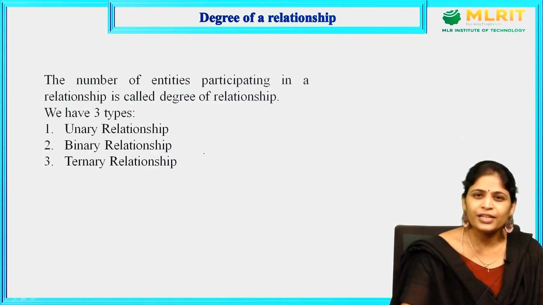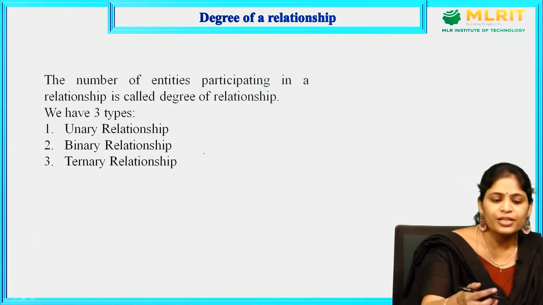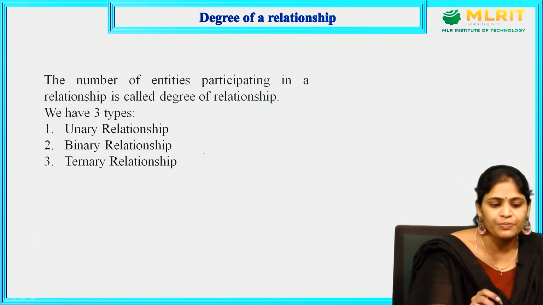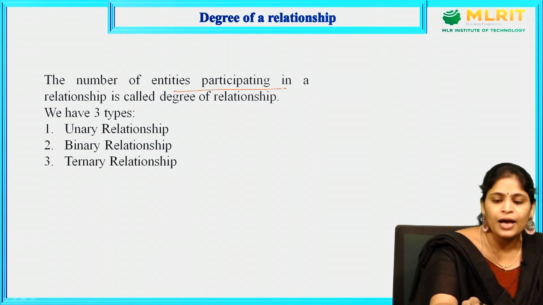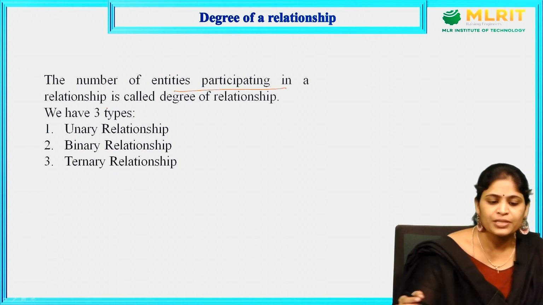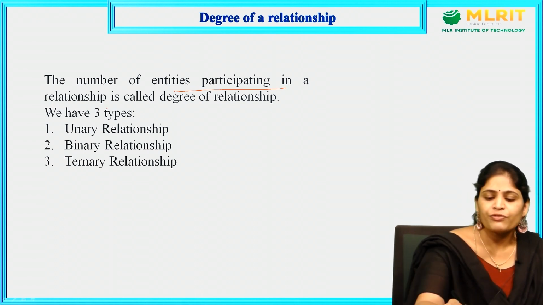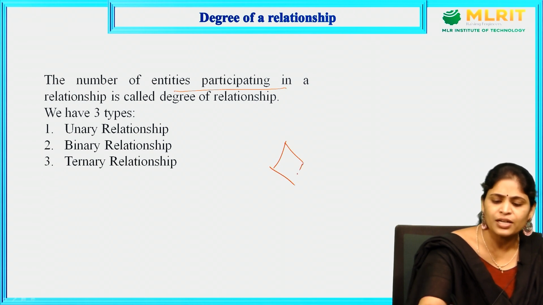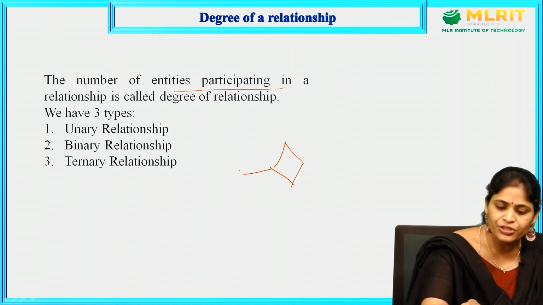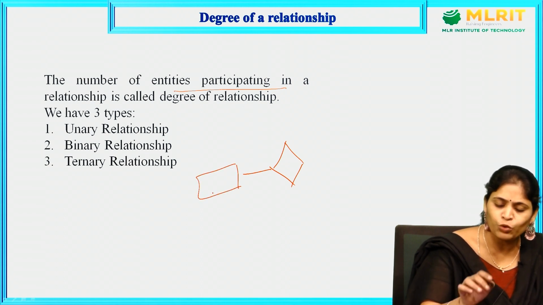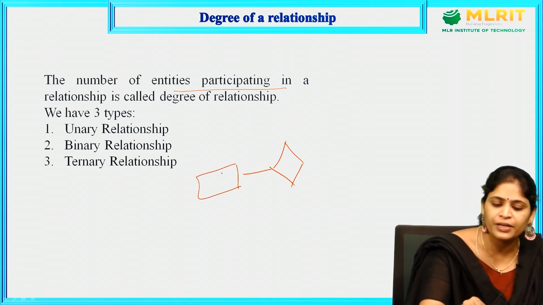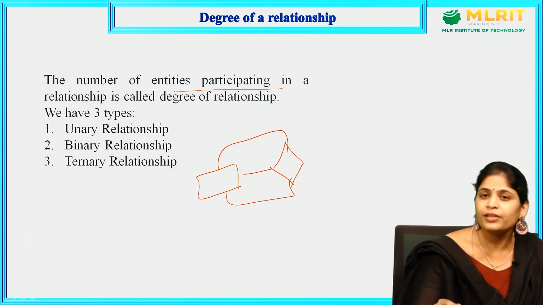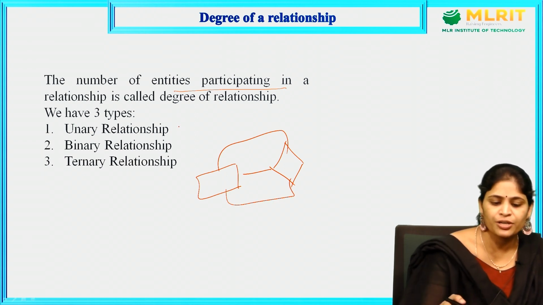And here, degrees of relationship. So what are the degrees of relationship? We have 3 types. The number of entities participating in a relationship is called the degree. For example, this is a relationship, right? If only a single entity is participating in this relationship, then it is called a unary relationship.